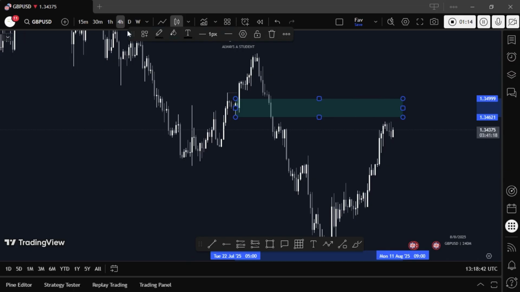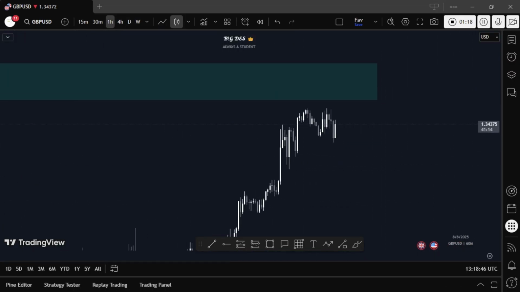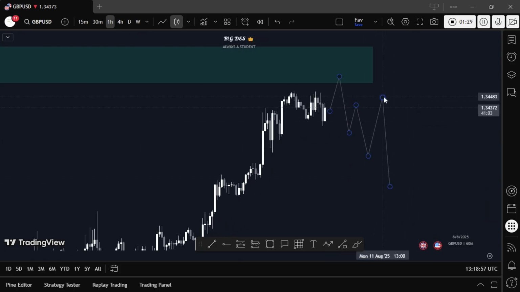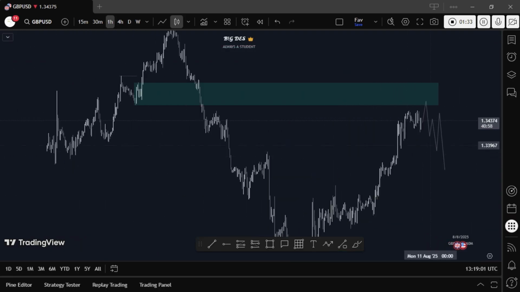So now on the 1 hour time frame, I would like to see the market give us a shift, maybe a sweep and then a sell intent, so we go in. Other than that, I wouldn't be interested in taking any trades around this point.